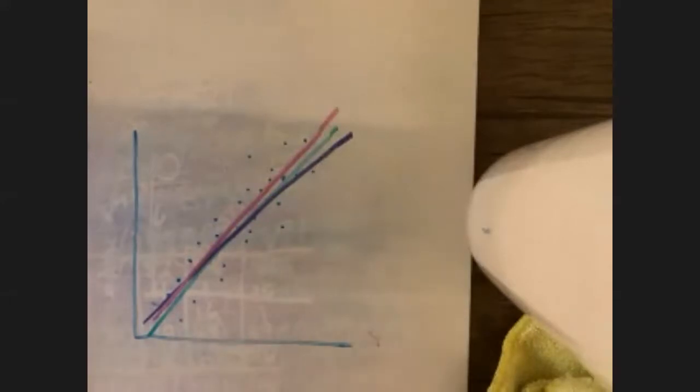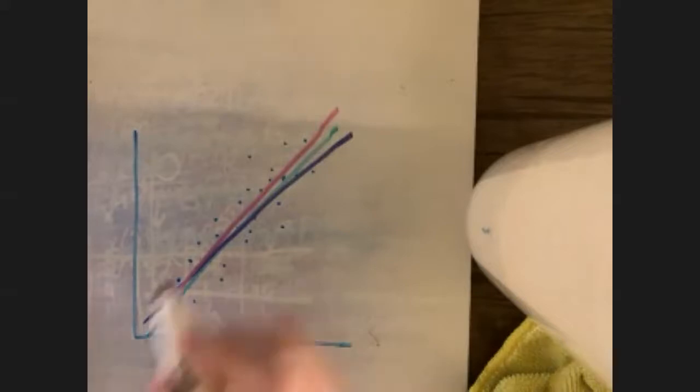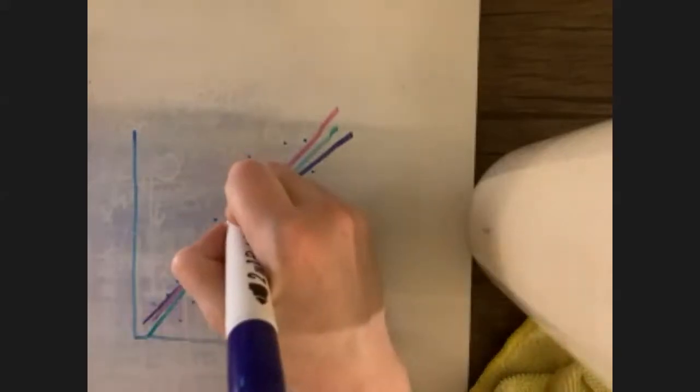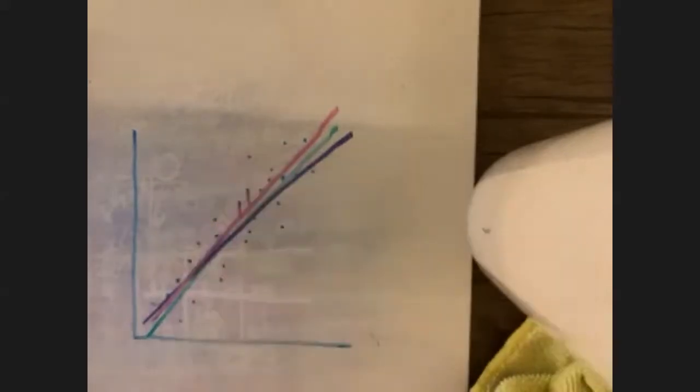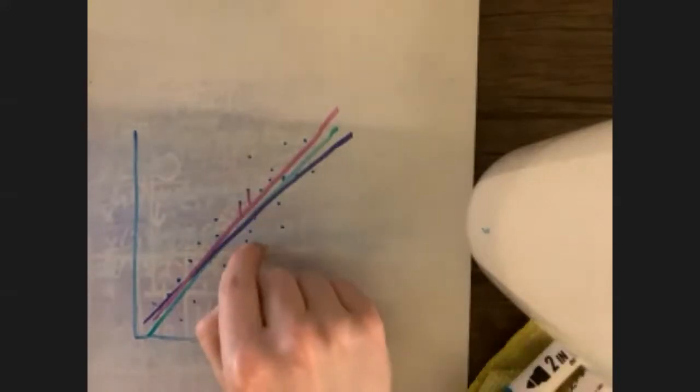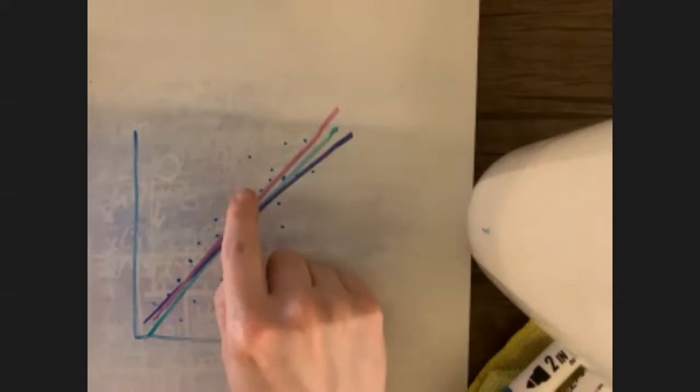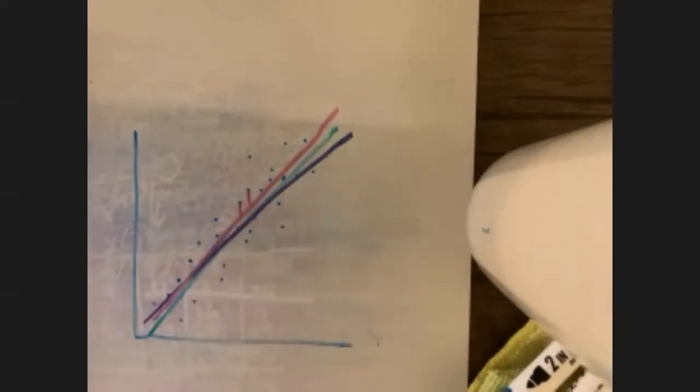Now, the question is, which one is the best? The answer is the line that does the best is the line that makes the distances from each point to the line, whether they are below the line and having to come up or above the line and having to come down, the smallest. It is the one that makes the total of those distances the smallest.